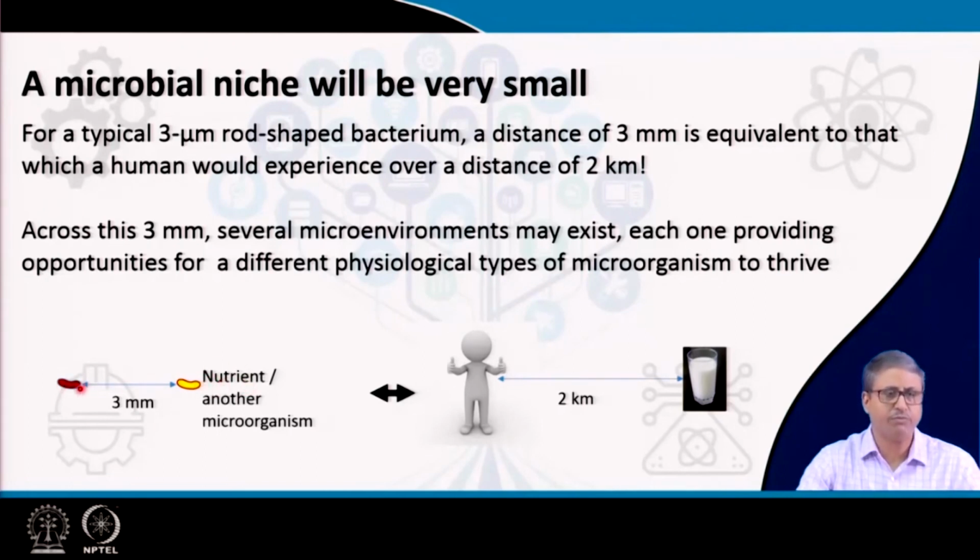But this bacterium will face numerous challenges or numerous favors, because in the intermediate space there will be many micro environments, and within each of the micro environments there will be numerous other bacteria present. All these bacteria would interact, some of them will surely interact with this carbon itself, and eventually the availability of the carbon or the overall physiological activity of this particular bacterium will be controlled not only by the carbon available over here, but also by the micro environments and the microorganisms living over there.